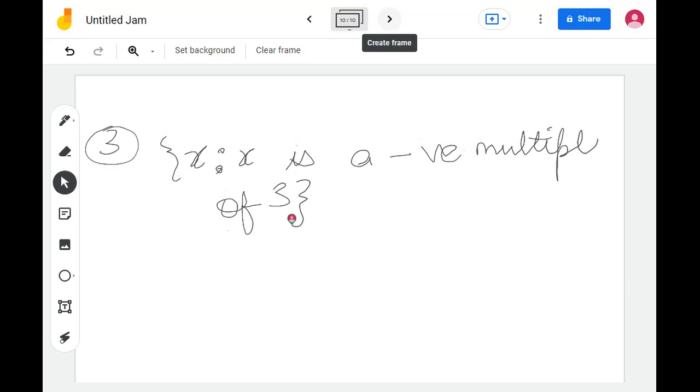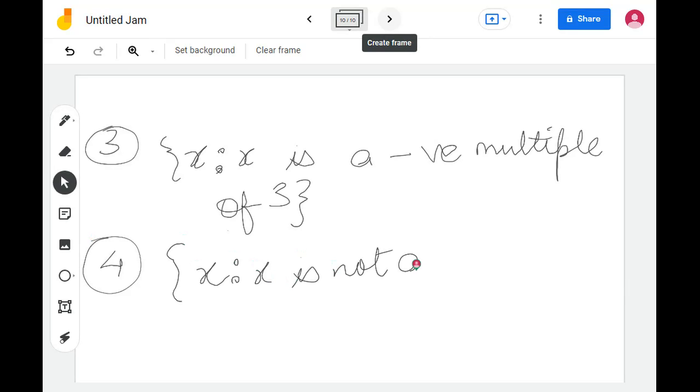Now we are shifting to the fourth part, x such that x is a prime number. Now x such that x is not a prime number. This is the fourth part answer.